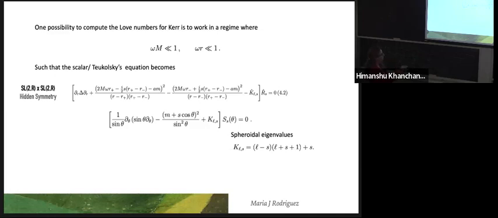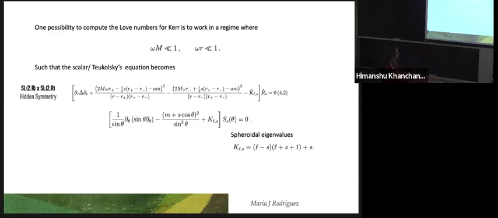So the equation we wanted to solve is this one that has an SL(2,R) times SL(2,R) approximate symmetry. And this symmetry was the one that Andy Strominger, Alejandra Castro and Alex Maloney used in the past for the Kerr/CFT description, where they wanted to link the problems to having a CFT description of the Kerr black holes as well.